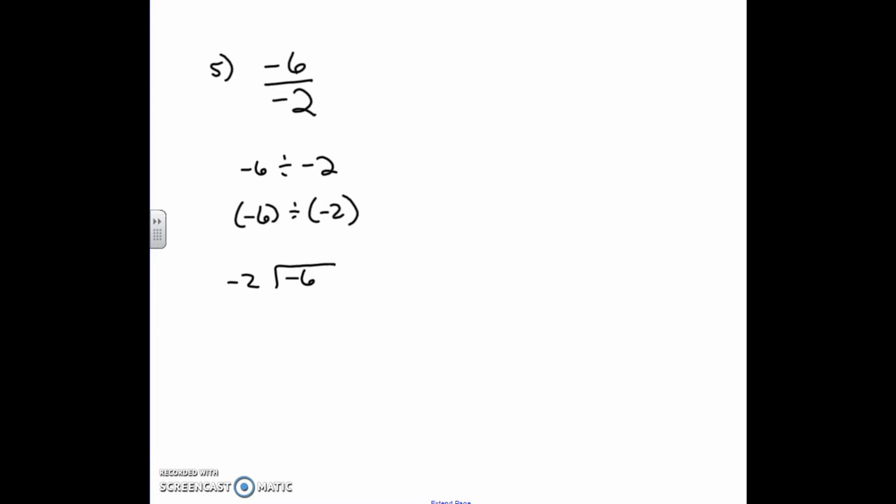The way that we prefer it is the way that I originally wrote it. The other way that might be accepted is with parentheses. Now, you just divide your regular numbers. 6 divided by 2 gives me 3, and since they're both negative, the answer is positive 3. So -6 divided by -2 is a positive 3.